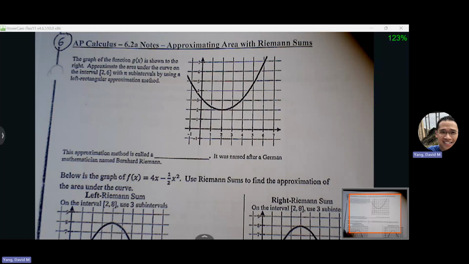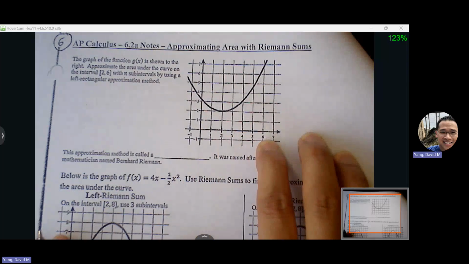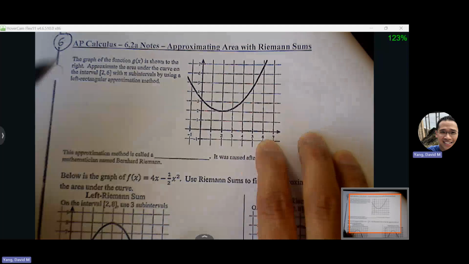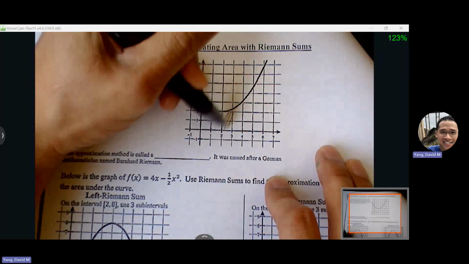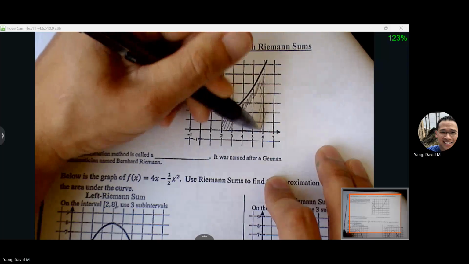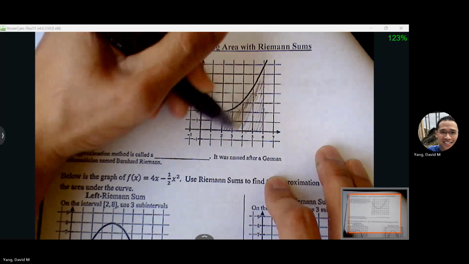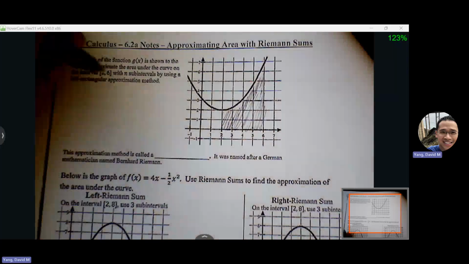So for right now, we see our graph here. And what we're going to do is we're looking at the region between 2 and 6. So I'm just going to shade in that region between 2 and 6. Okay. And it says left-handed rectangle.